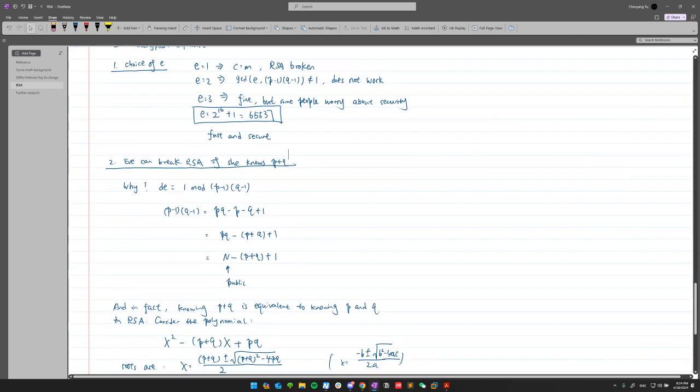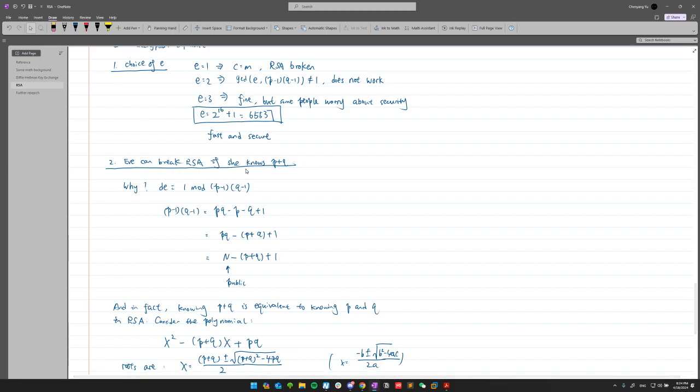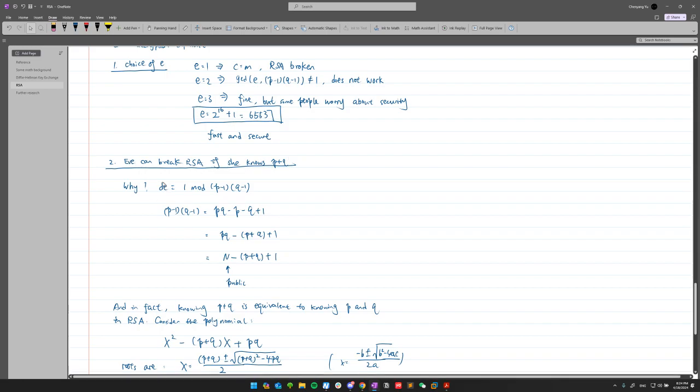And the second remark is if Eve knows P plus Q, she can break RSA. So why? We can see that the objective of Eve is computing the decryption exponent D, right? The formula for D is this. This is phi n, and DE equals 1 mod phi n.